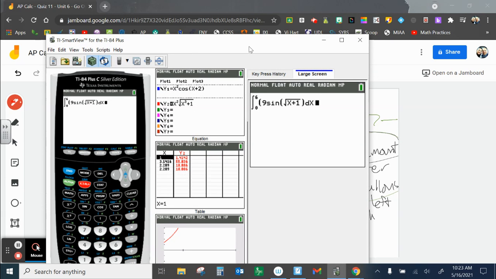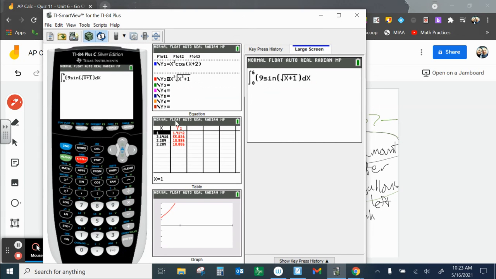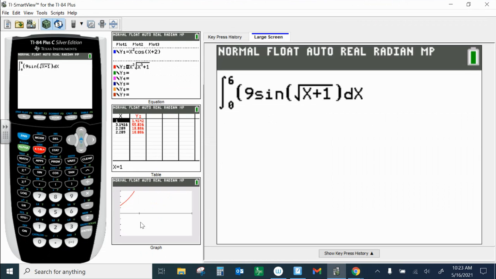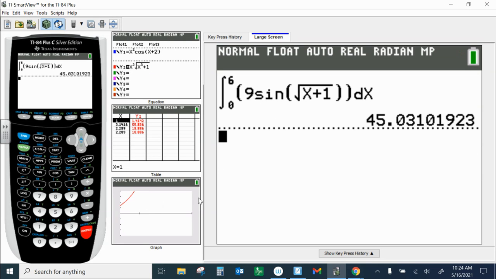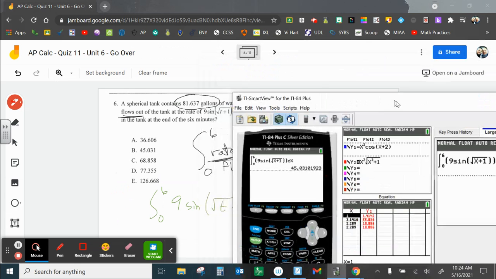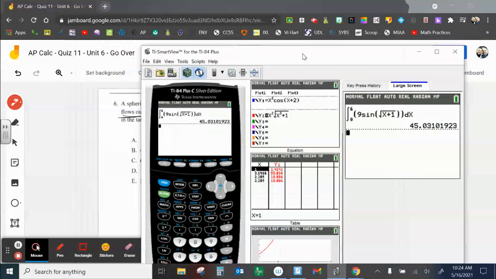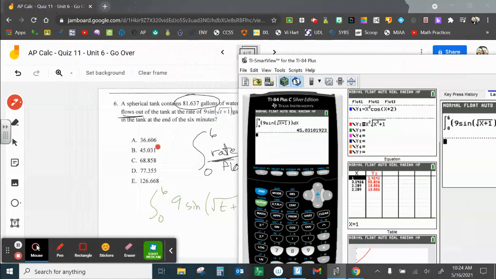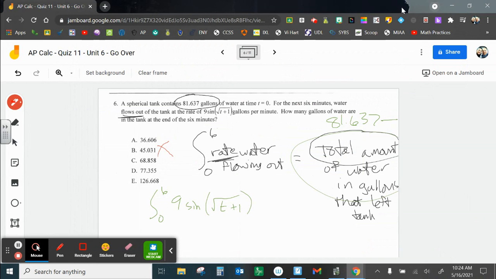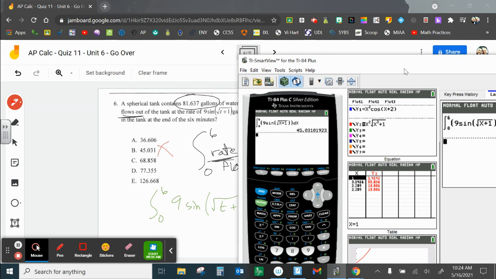Now, this is not my final answer. So let's get this answer. Enter. And remember, I started with, and let me write the full number down. And look, 45.031, that is a choice. They are trying to trick you. So you got to read the question. So it's 81.637.